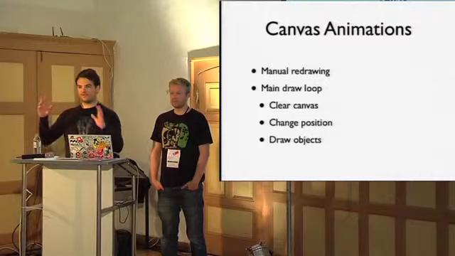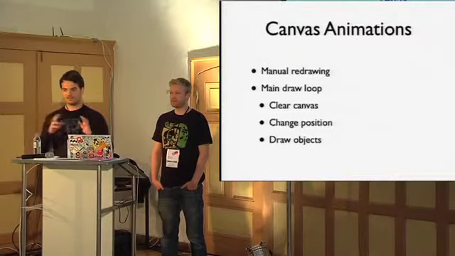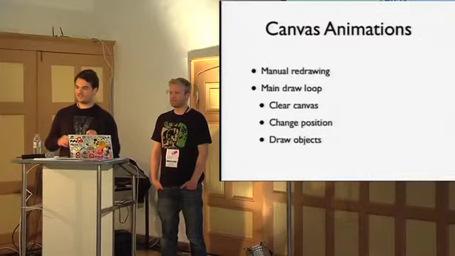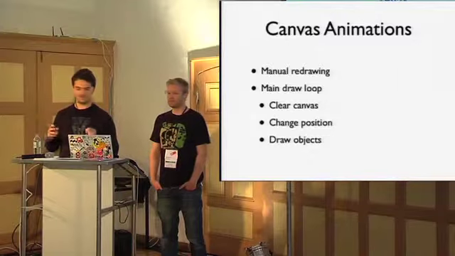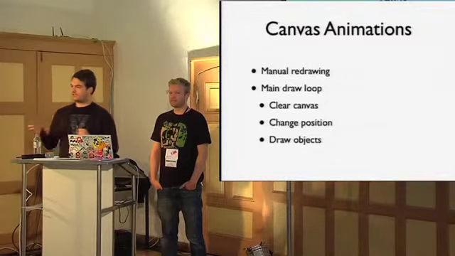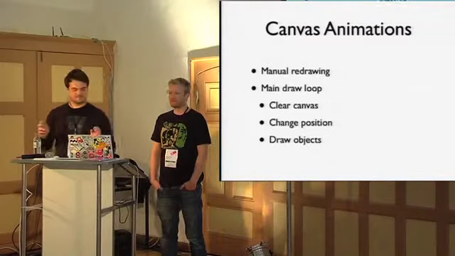You have one big draw loop in which you clear the canvas, like you fill it with the background color, which is a very computing-intensive operation because you have to fill so many pixels, at least on most Mac browsers, I think. Then you calculate positions of your objects on your canvas.